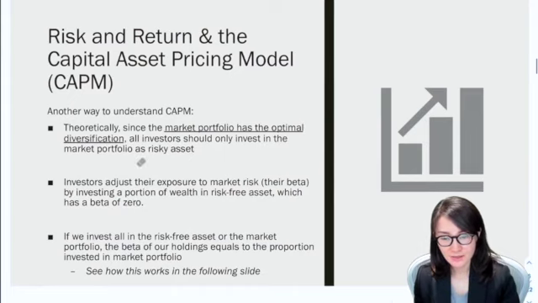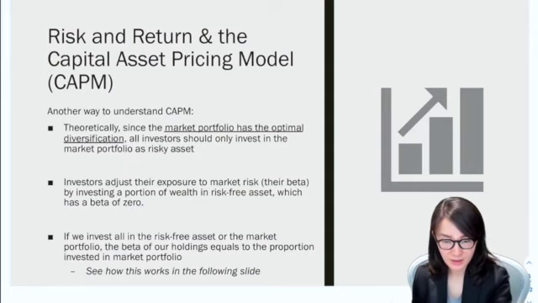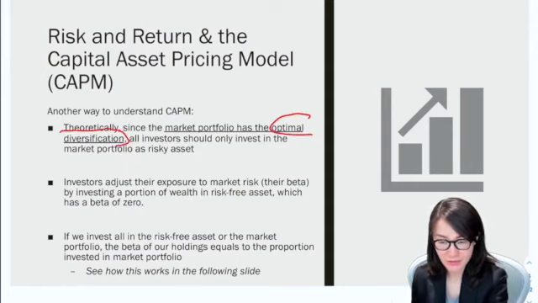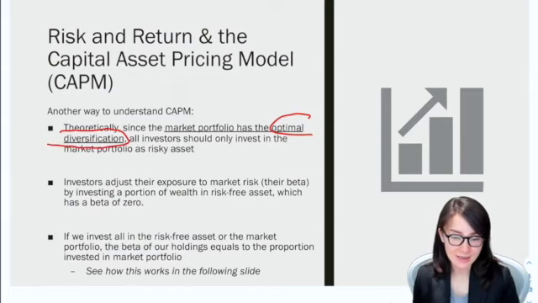We know that the market portfolio, which represents every asset in the market, should have achieved the optimal diversification, because we cannot go beyond the market portfolio. We have included all of the assets in the portfolio, theoretically.